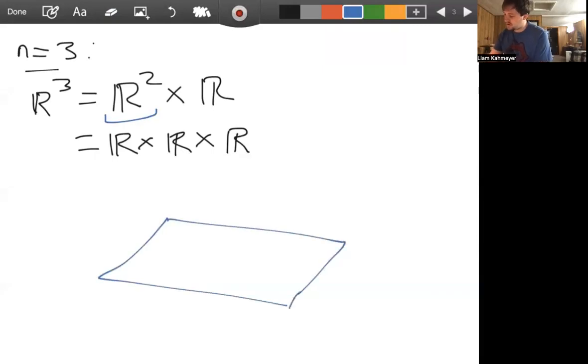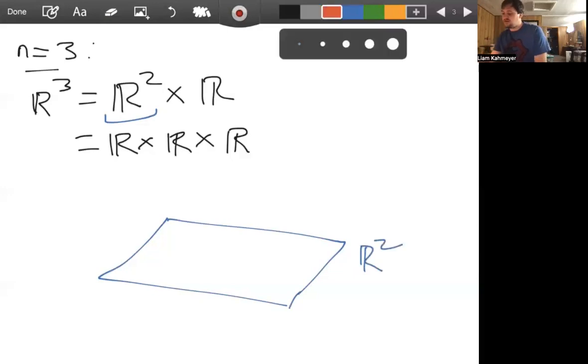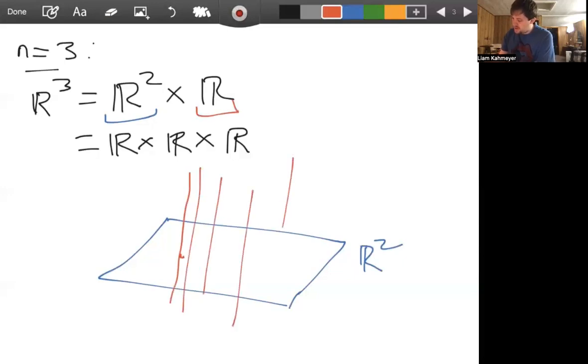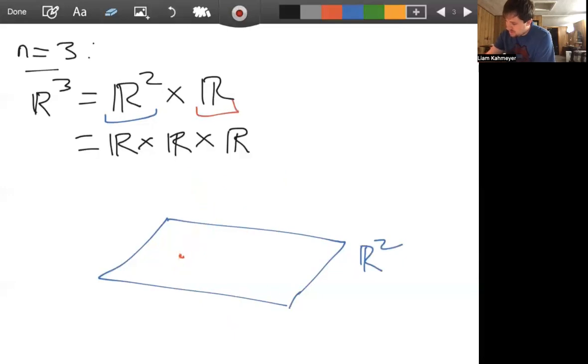So you can imagine here's our R2. And then at every point of R2, we have a copy of the real numbers perpendicular to R2. And so at every point on this plane, maybe let's go back. That's kind of a bad drawing, maybe this would look better.